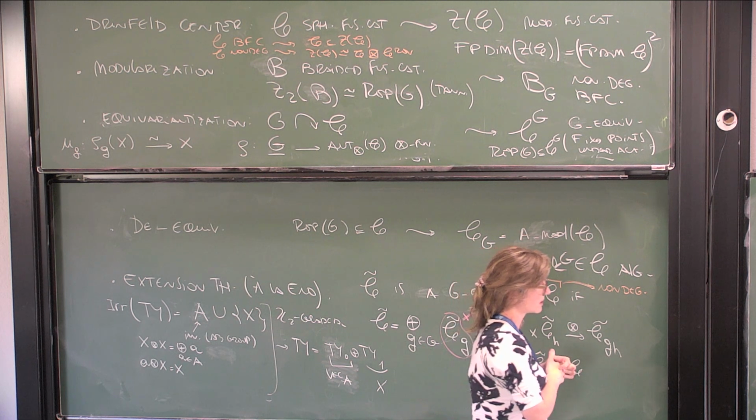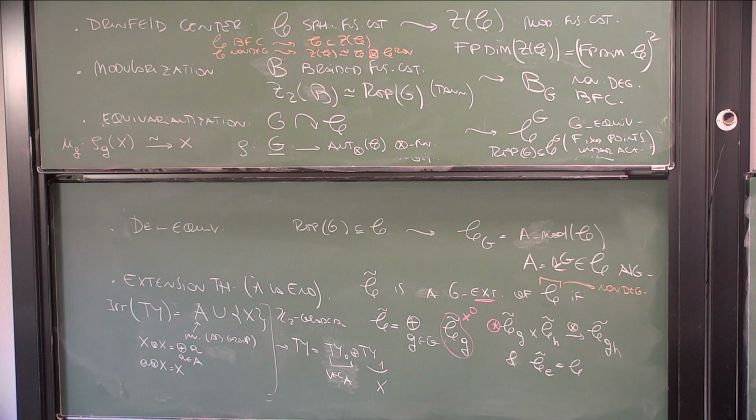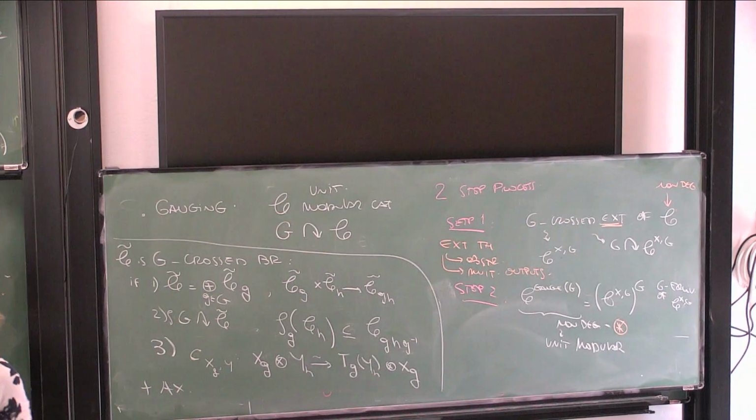Some comments about this construction, as I said: by extension theory we have obstructions and multiple outputs. Something good is that, for example, the fusion rules of the equivariantization were computed by Natale and Burciu in a paper, so you have things to work with, you have some control.